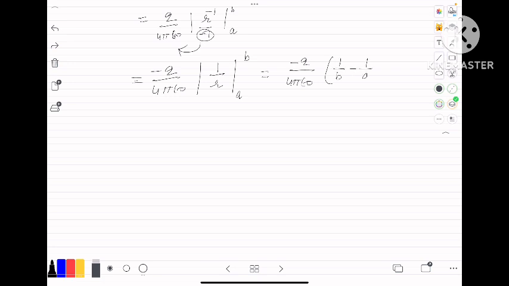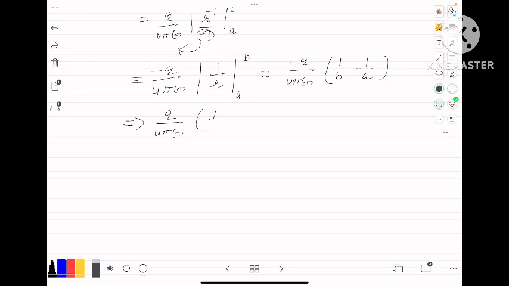And if we take the minus inside, we are left with Q upon 4 pi epsilon naught into 1 upon a minus 1 upon b, is equal to Q upon 4 pi epsilon naught, and taking the LCM ab, from the sum of fractions we have 1 upon a minus 1 upon b equal to b minus a upon a into b.